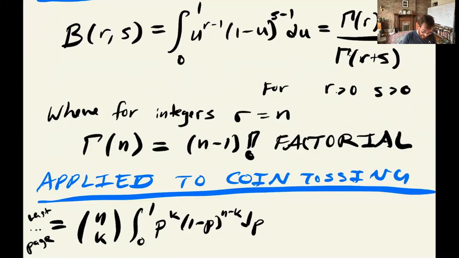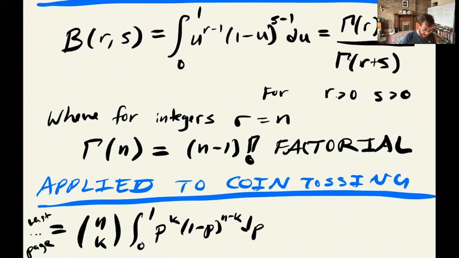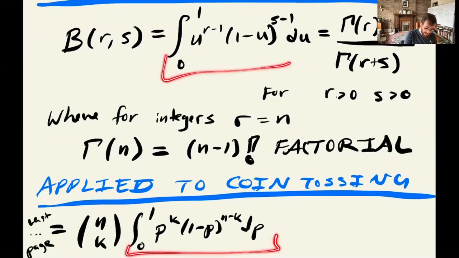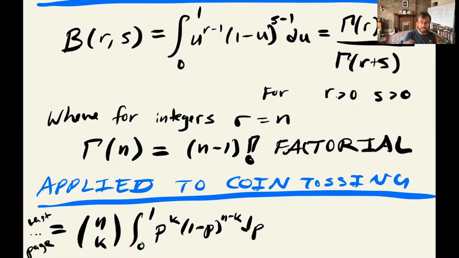All right, so now let's play a pattern matching game. How do I make this look like this? Well, obviously, I could just set u equal to p. That's a cosmetic difference. I need to figure out what the exponents are. Well, k obviously has to be r minus 1. So let's go ahead and write that down.